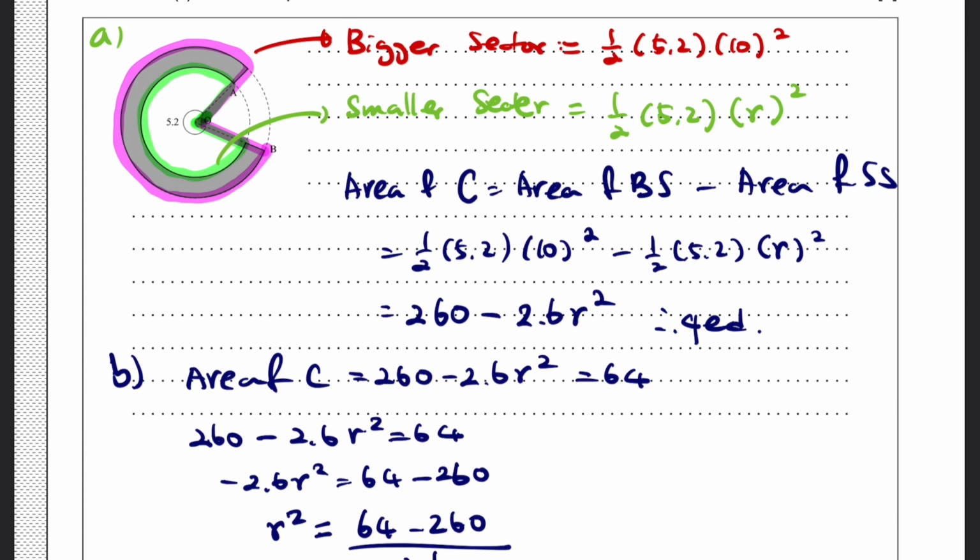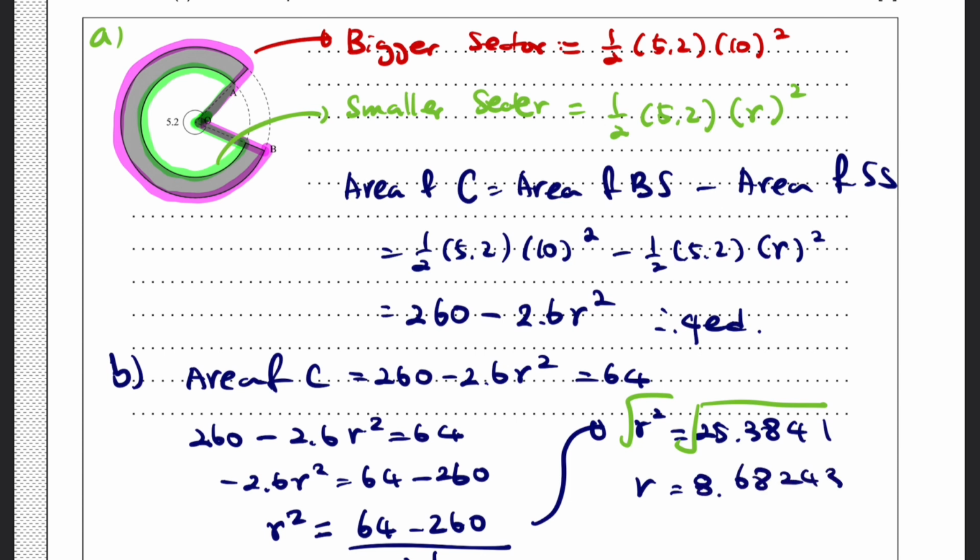This gives us r squared equals 25.3841. Then square rooting both sides gives us r equals 8.68243. So r is 8.68, and we got our final answer.